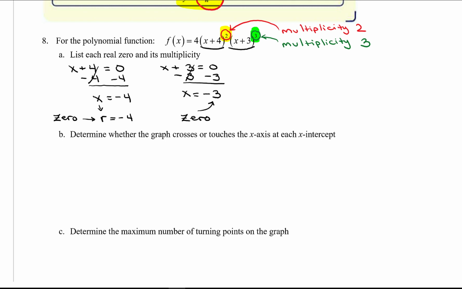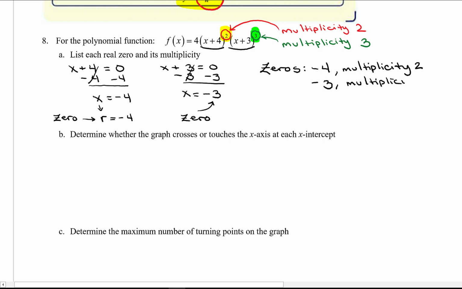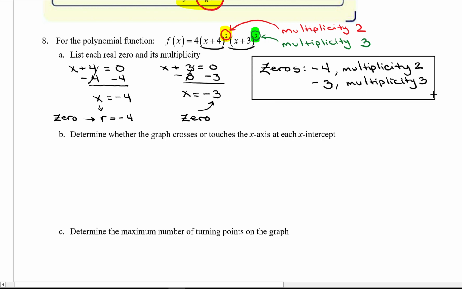My zeros are going to be equal to negative 4, and that negative 4 is going to have a multiplicity of 2. And negative 3, and that negative 3 is going to have a multiplicity of 3. That's the way I'm going to write out my answer there.